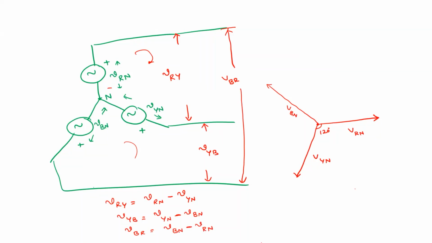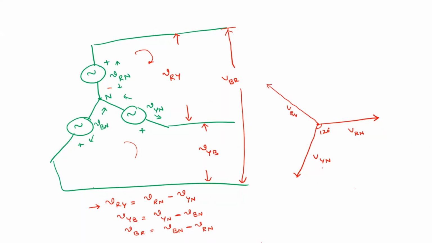Right. So what is VRY? VRY is VRN minus VYN. So in other words, the VRY phasor equals the VRN phasor minus the VYN phasor.